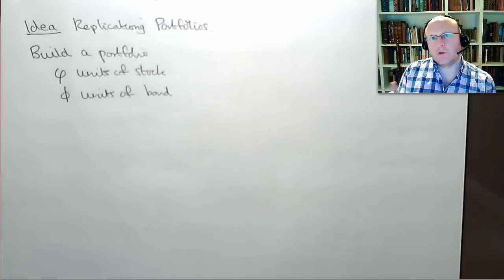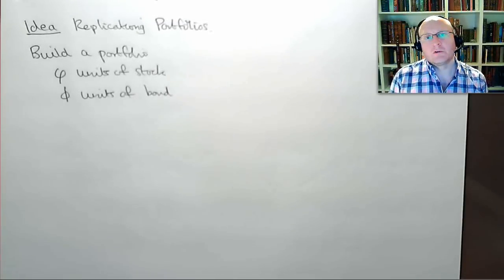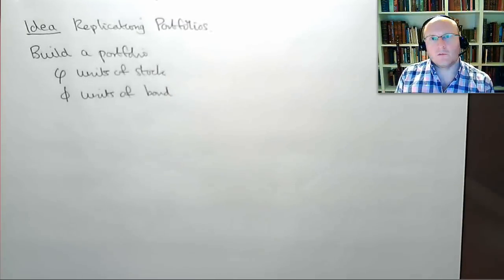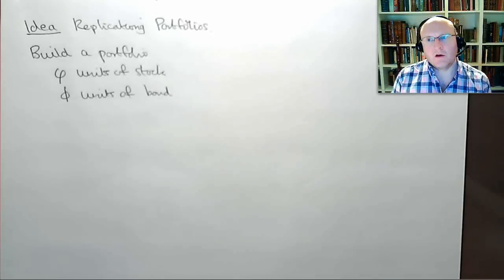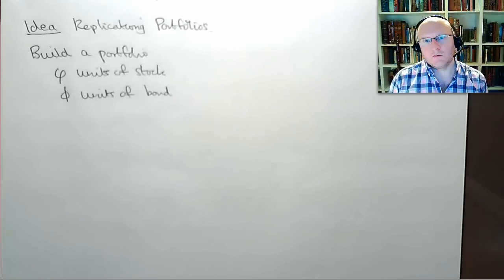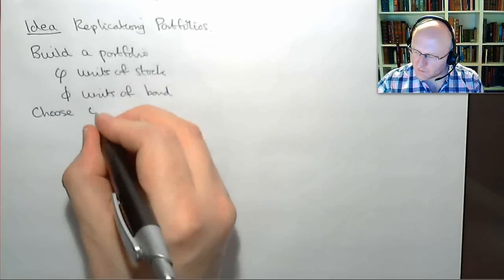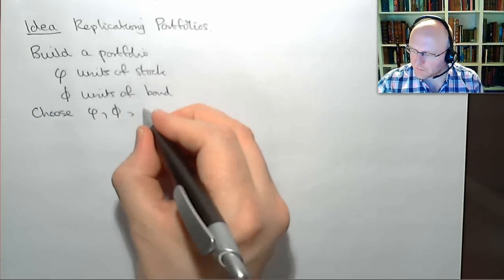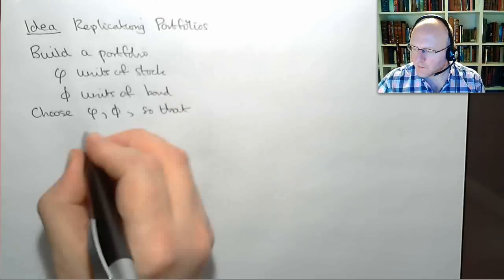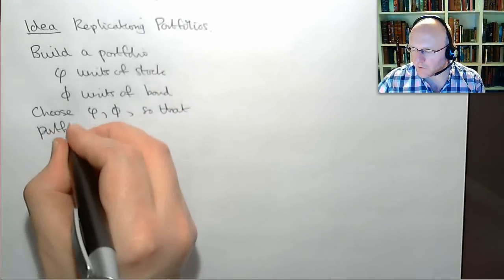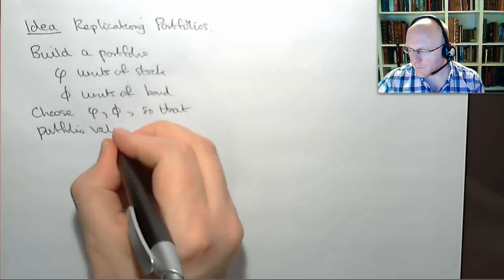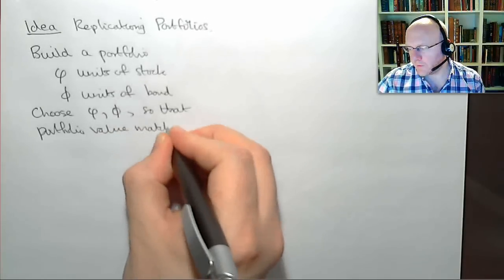Okay, and the idea is that we're going to choose these two variables, phi and psi, so that we get the correct payoff for the option in the future. So we want to choose these two numbers so that our portfolio value matches the option value.